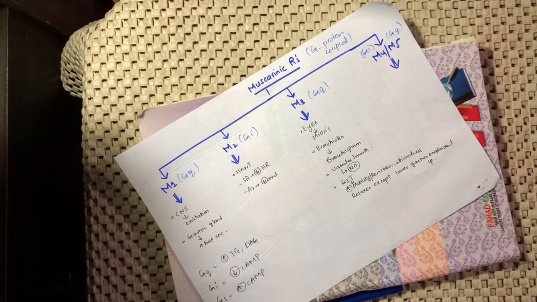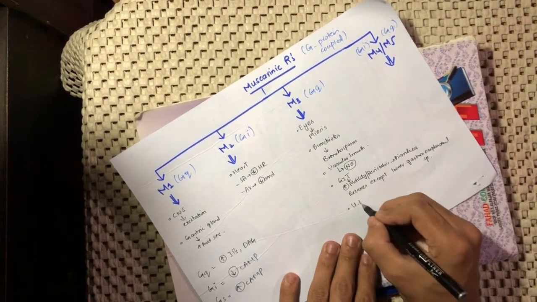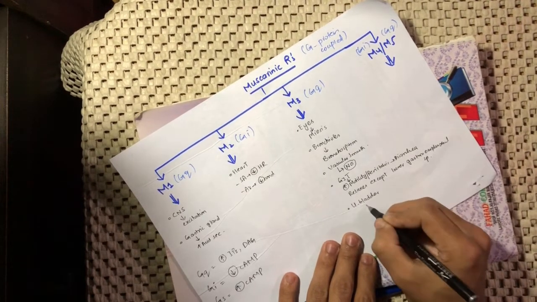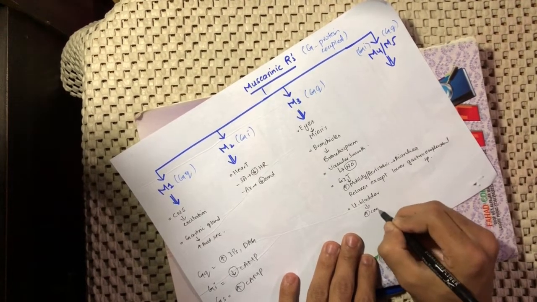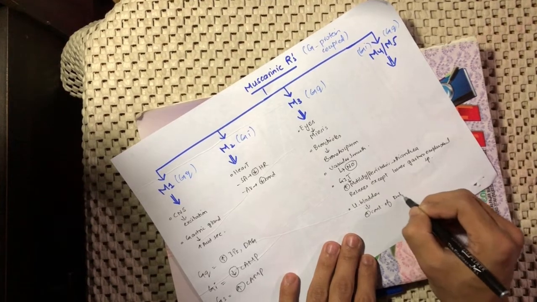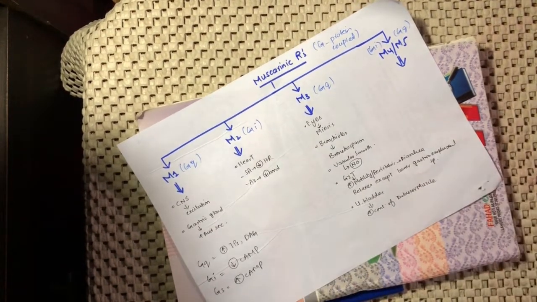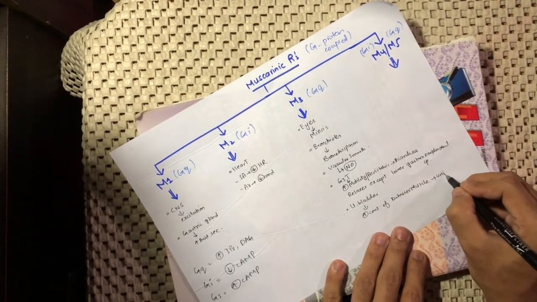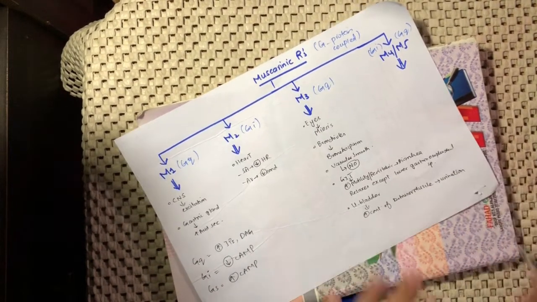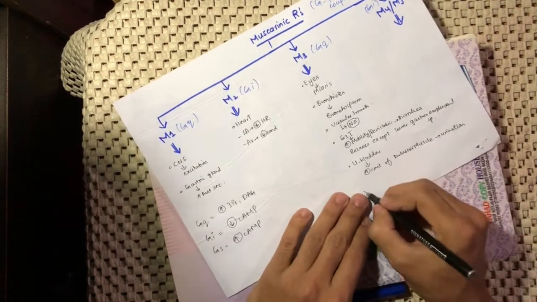And in the urinary bladder, what does it do? It increases the contraction of the detrusor muscle. It means it causes urination. And what does it do in the glands?